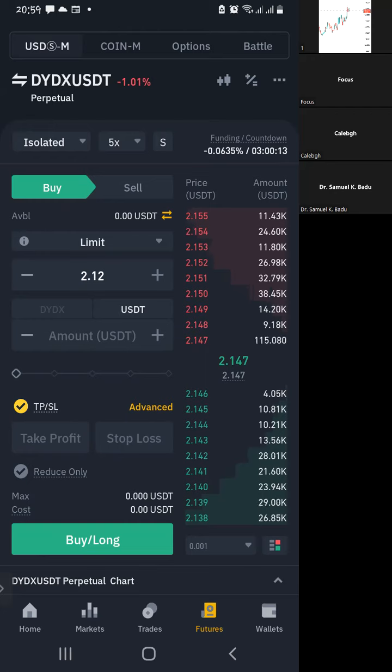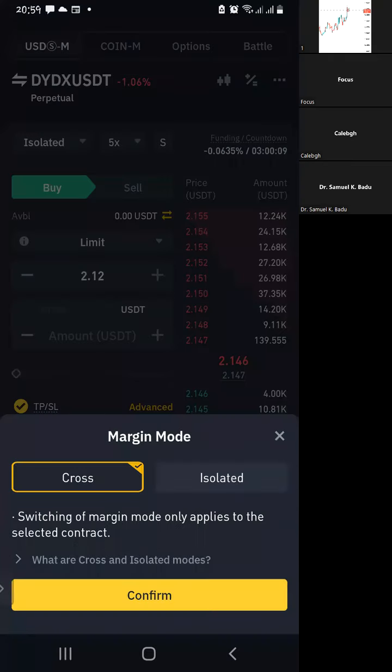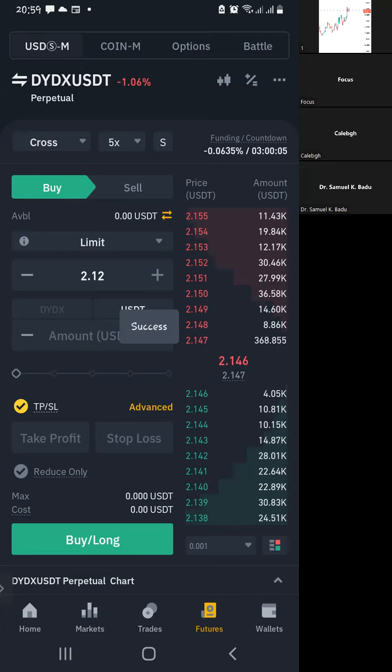But if you leave it at cross margin, what it means is that if the market is going against you, it's not going in your favor, and it goes so bad that the $20 you allocated for the trade, they take everything as collateral because you are losing.